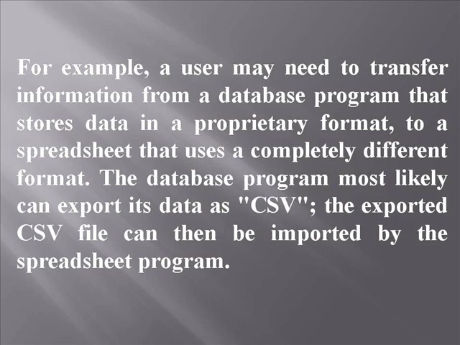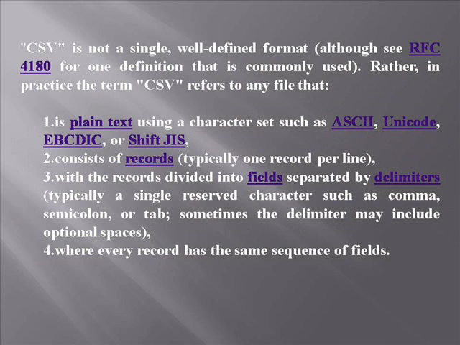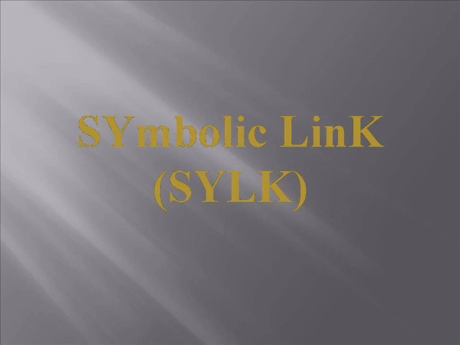CSV is not a single, well-defined format, although RFC 4180 is one definition that is commonly used. Rather, in practice, the term CSV refers to any file that, number one, is plain text using a character set such as ASCII, Unicode, EBCDIC, or Shift JIS.